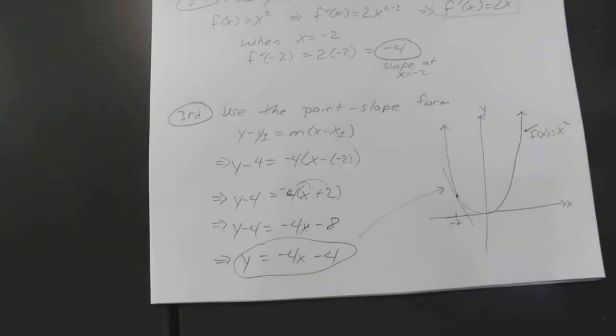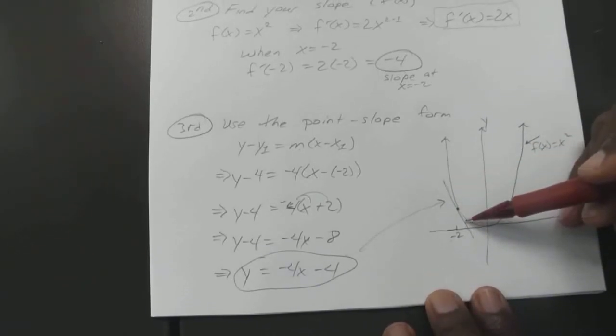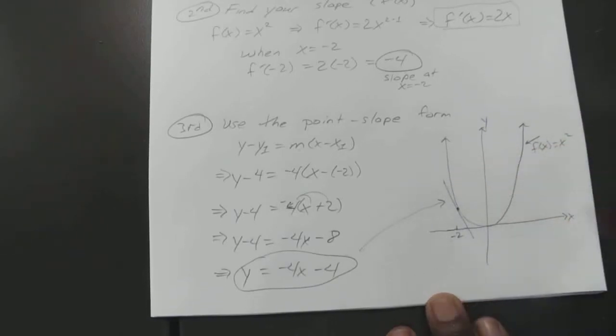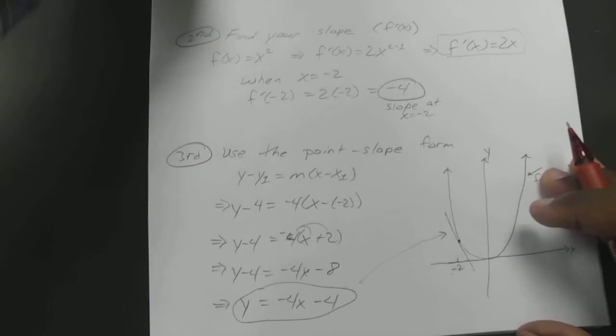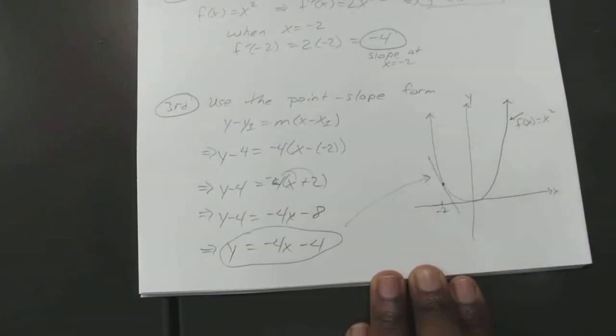Why did you use y versus x? If we know what x is, we're trying to figure out what y is? Oh no, for this one we're just trying to figure out the equation for the tangent line. We can figure out what the slope is, but if we want an equation for this particular tangent line, we can go through those steps.